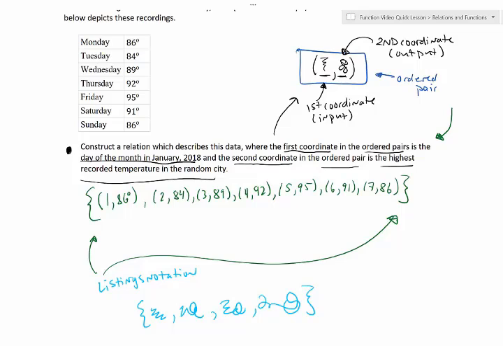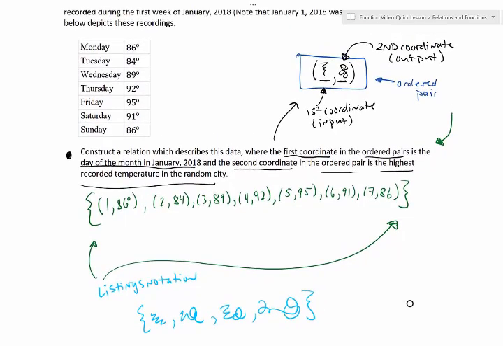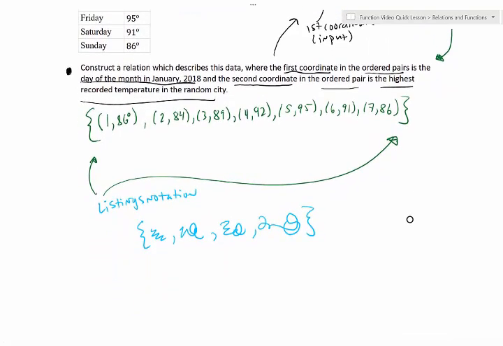Numbers of the month, first coordinate, temperature, second coordinate. The notation we were using for the time being to describe such sets, such relations, such collections of ordered pairs was the listing notation.